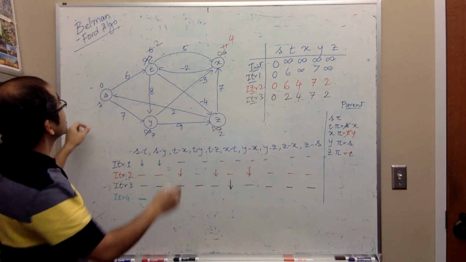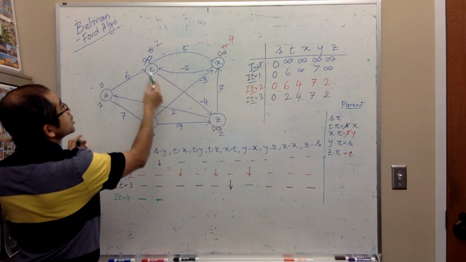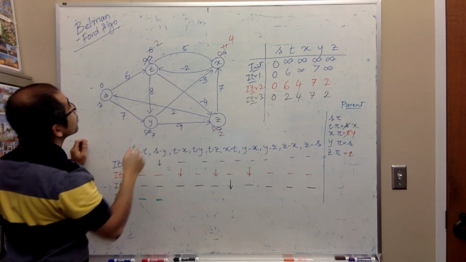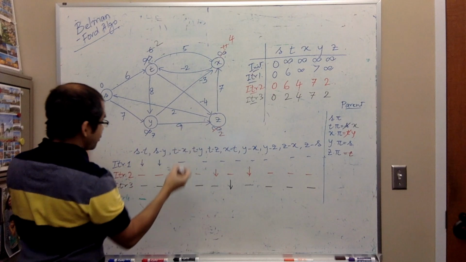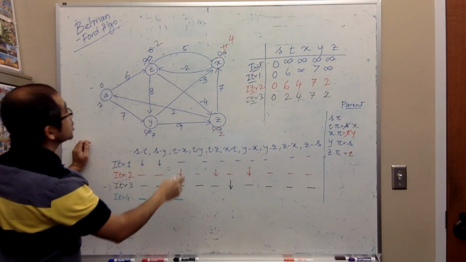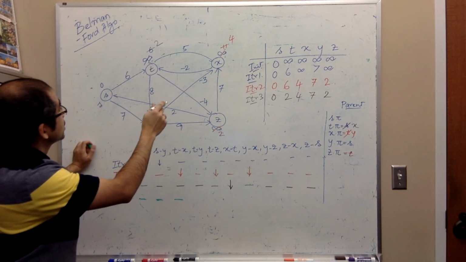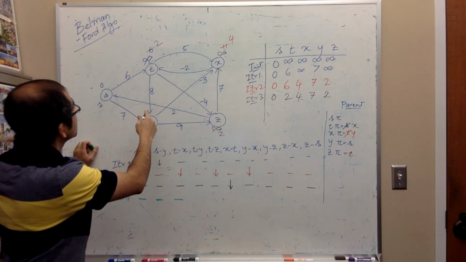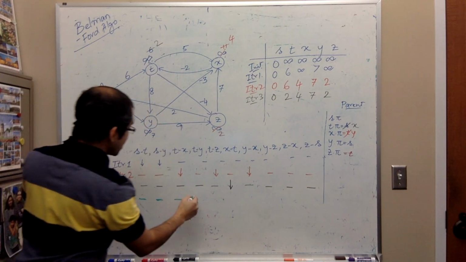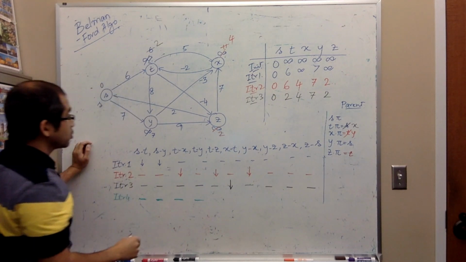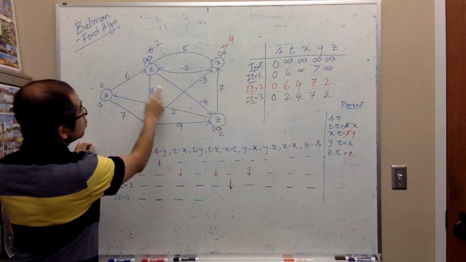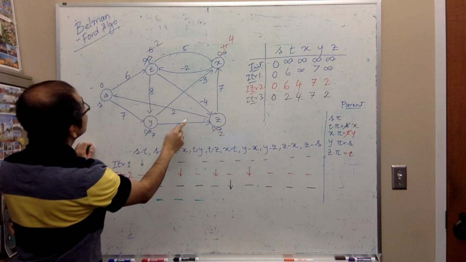T to X, T is 2, then T to X is 2 plus 5, 7, but we have a 4, nothing to do here. T to Y, which is 8 plus 2, 10, we have a cheaper distance estimate already, nothing to do. T to Z is 2 minus 4.